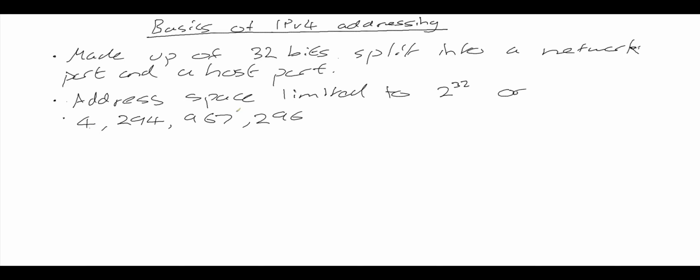And this number here, which is well over 4 billion addresses, seems to us to be quite a big number of addresses, but in actual fact, if you consider that nowadays we've got all of the Internet of Things devices, cars need to be able to access the internet and have IP addresses nowadays and things like that.